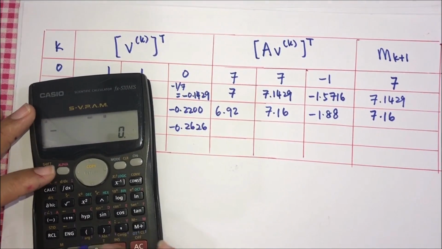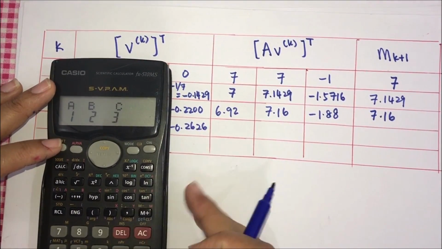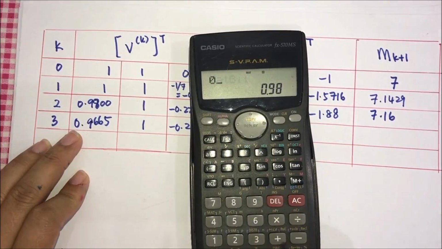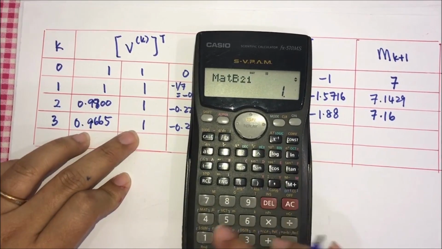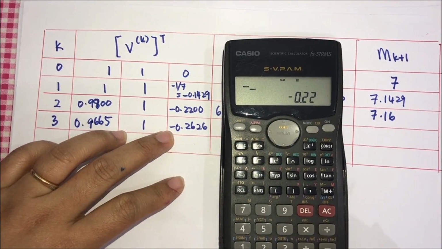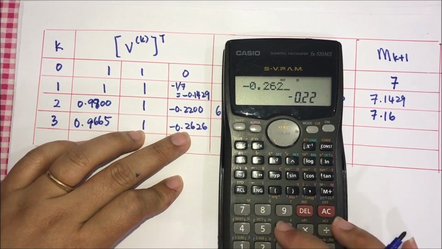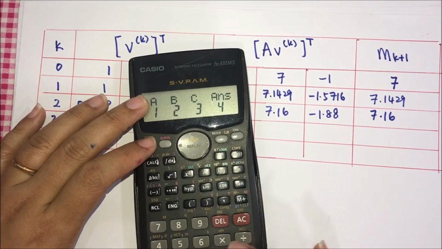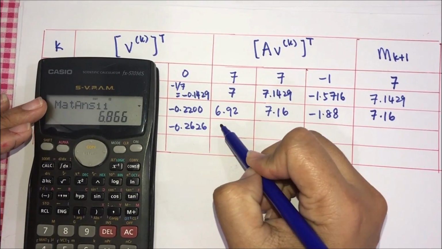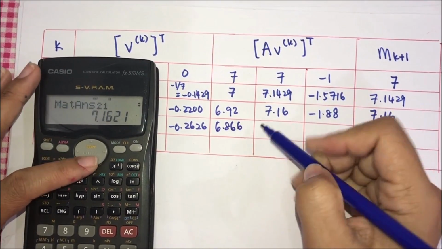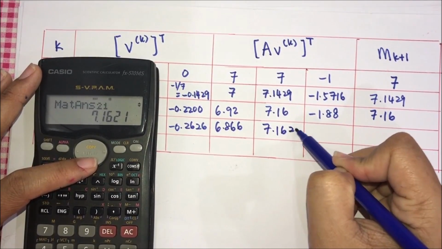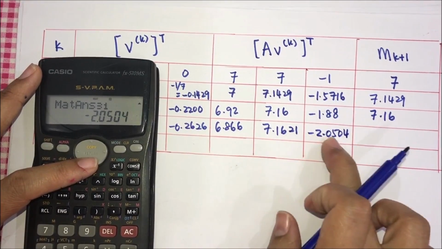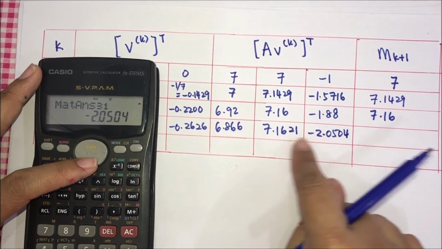Then key in a new matrix B again: 0.9665, 1, negative 0.2626. Then matrix A times matrix B gives 6.9, 7.1621, negative 2.004. From these three values, the dominant value is this one.